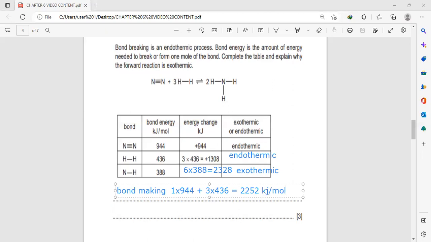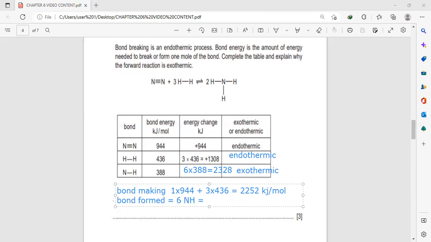Now bond formed. NH bond, 3 NH bond, 2 molecules are there. So 6 NH. 6 into 388, 2328 will come.